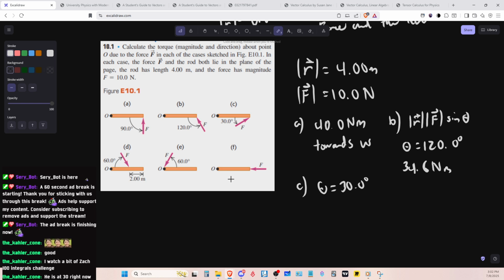We have sine of 30 degrees. Put the torque here, or tau, I should say. This one's 20 newtons.